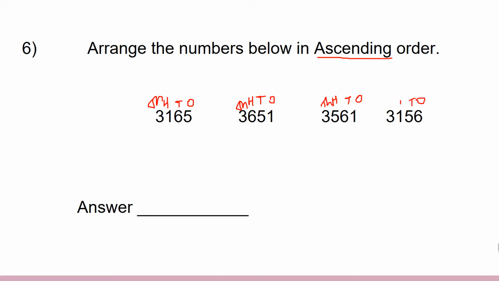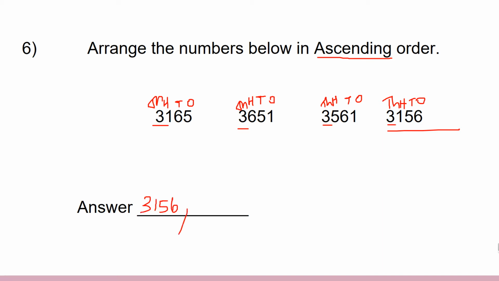Now notice they are all in 3,000. Let's see hundreds. This is 100, 600, 500, 100. Okay, so I'm going to look at the ones with 100. Which one is the least? This one, 3,156. This is the smallest.